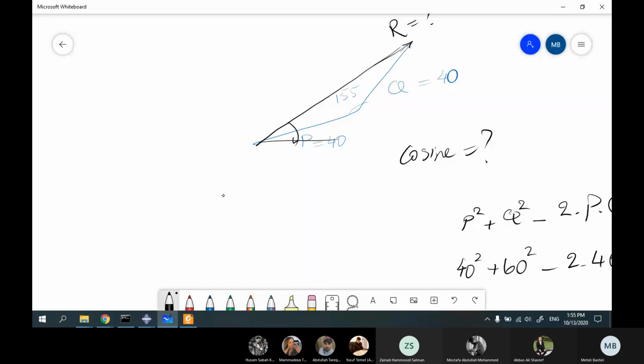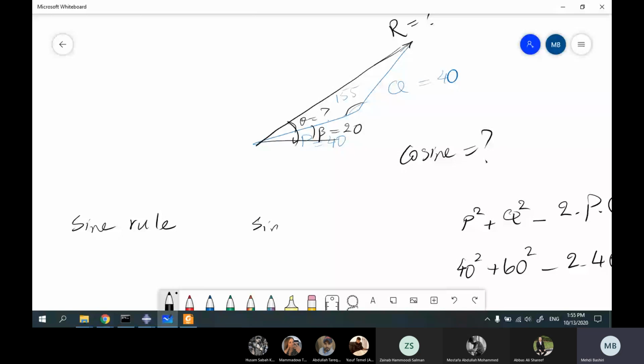What is the direction? If I want to find the direction, I have to use the sine rule. In this angle, for example, this is theta, this is beta. Beta is 20, theta is unknown.